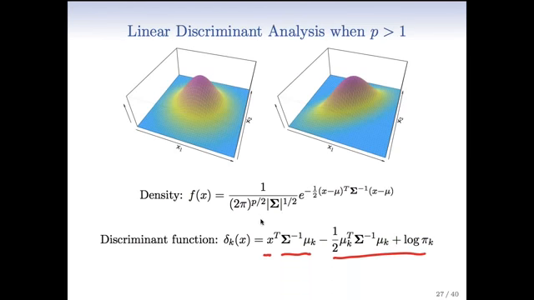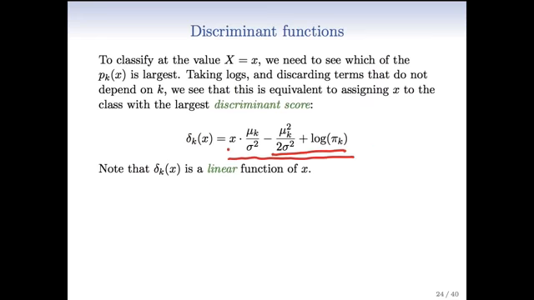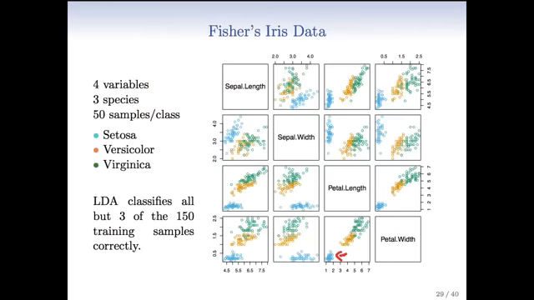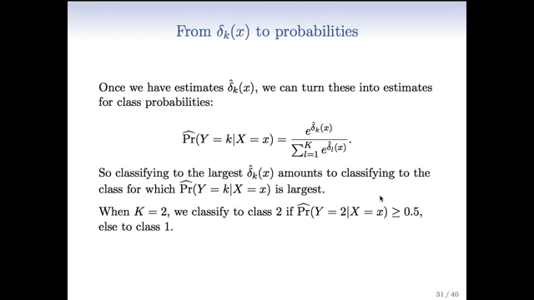For example, here's an expression that's used in computing the probabilities. This is the expression for the single variable case with all these constants, where all the cancellation happens, and we get to this nice simple expression over here, which just involves the discriminant functions. It's not that hard to show. And so not only does discriminant analysis give us a classifier, it also gives us the probabilities.